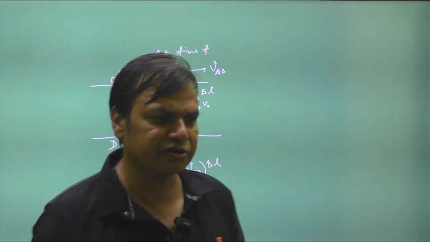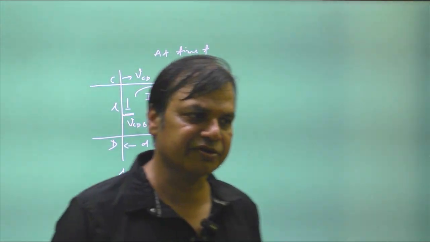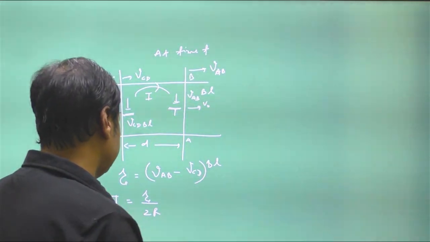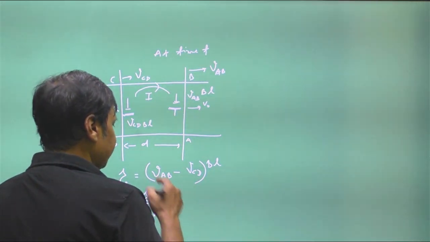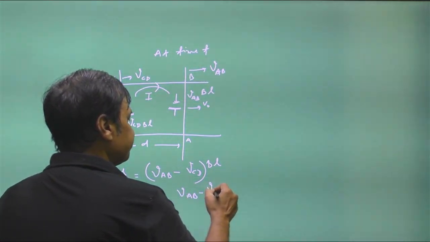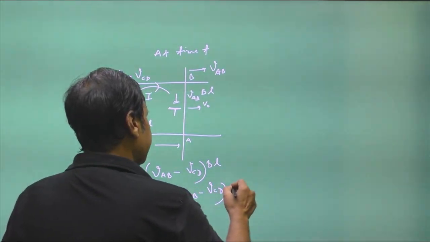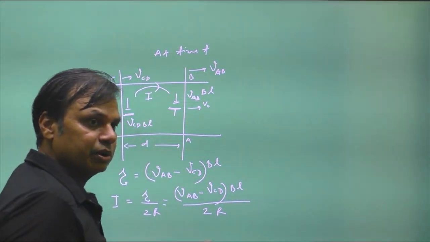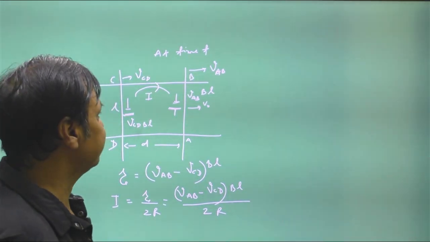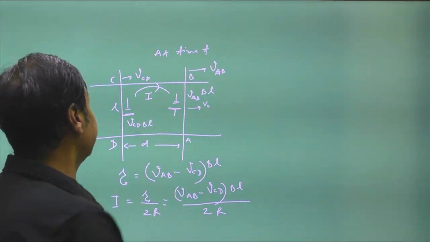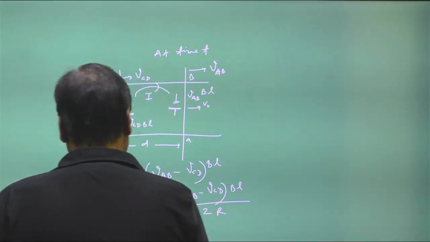Total resistance is 2R because each wire has a resistance R, and each wire has mass M. So the current passing through the loop is (VAB minus VCD) BL divided by 2R.